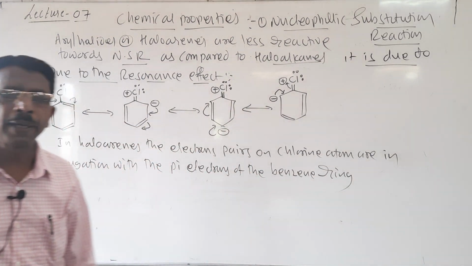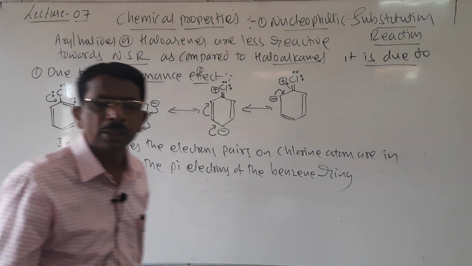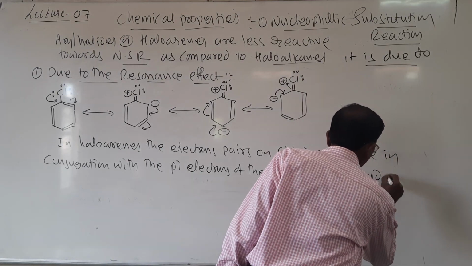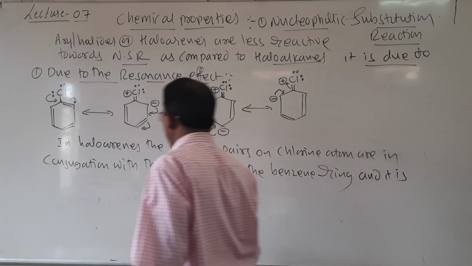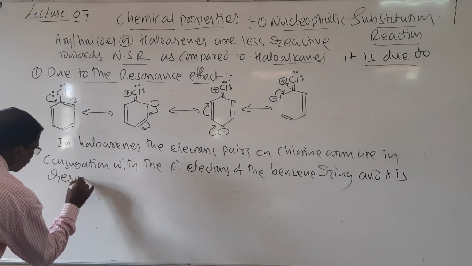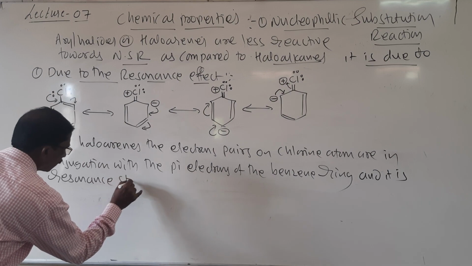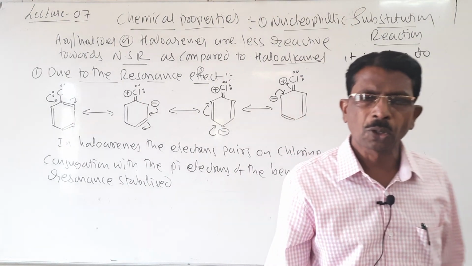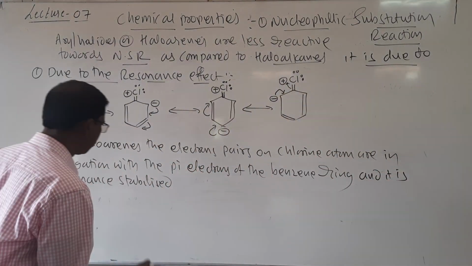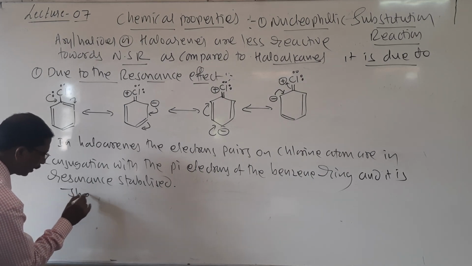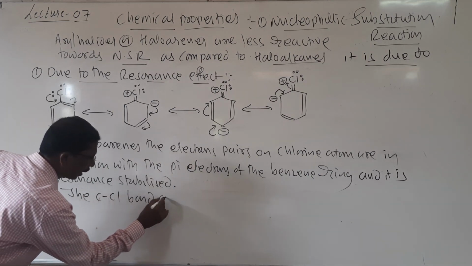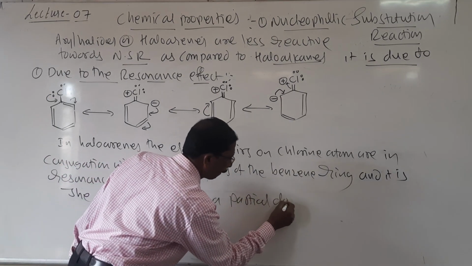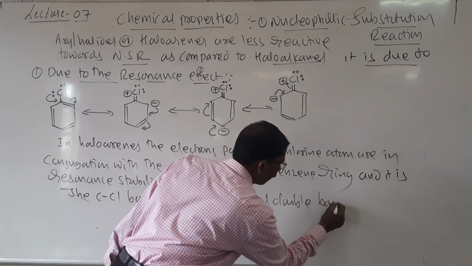Look here students, pi electrons of the benzene ring is clear. So pi electrons of the benzene ring, it is resonance stabilized. So here the C-Cl bond acquires a partial double bond character.